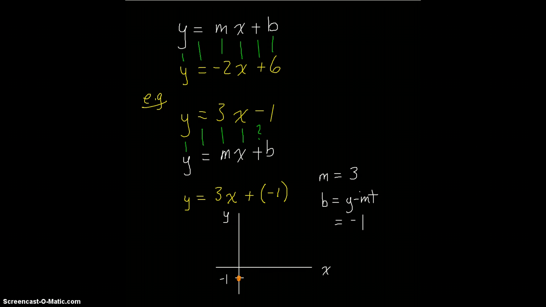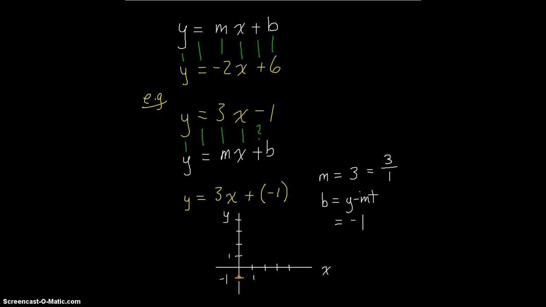And now my slope is 3, so let's put a little bit of a grid here. 1, 2, 3, 4. Put a 1 here and a 1 here. My slope is a +3. So I could write that in rational form as 3 over 1. So now I know my rise is 3.